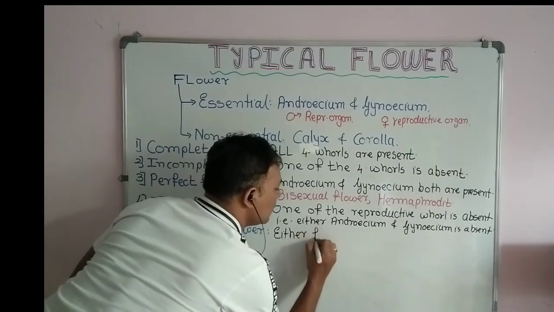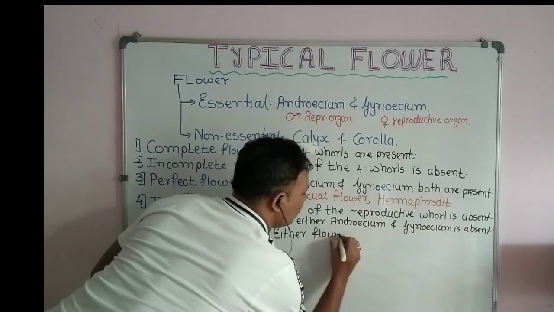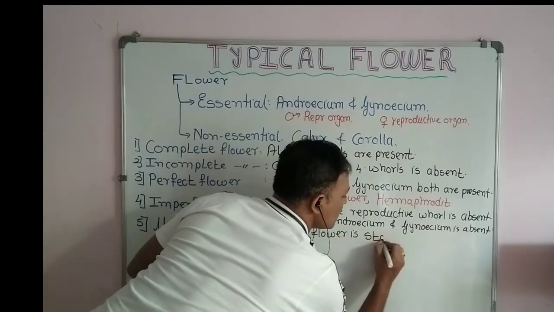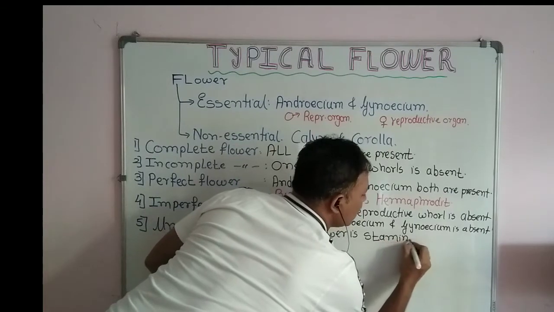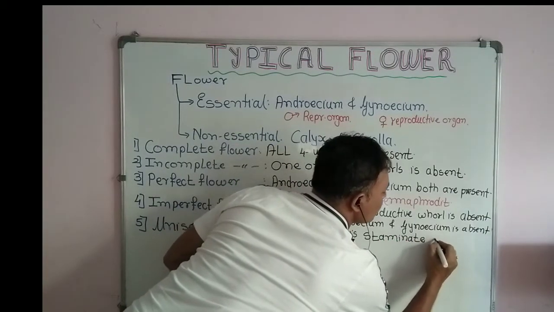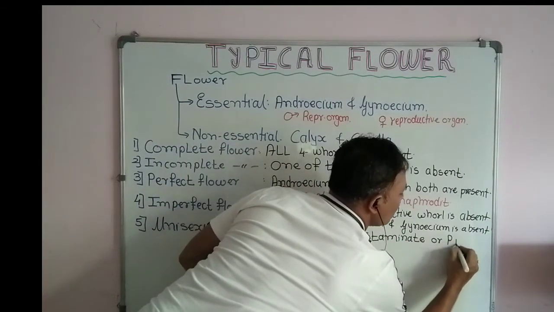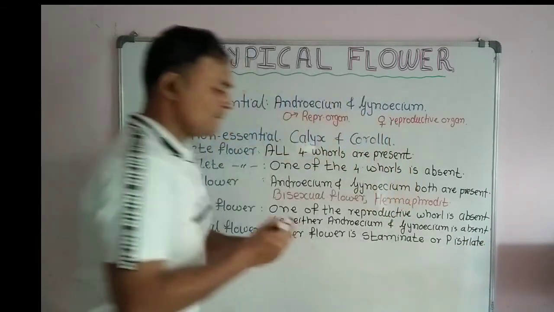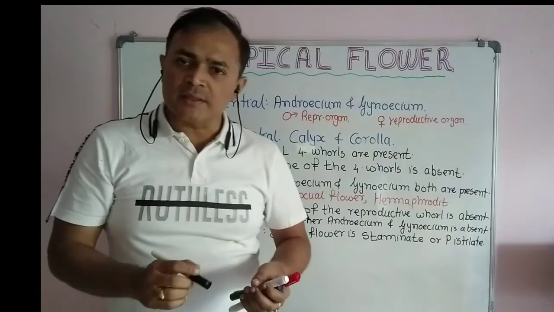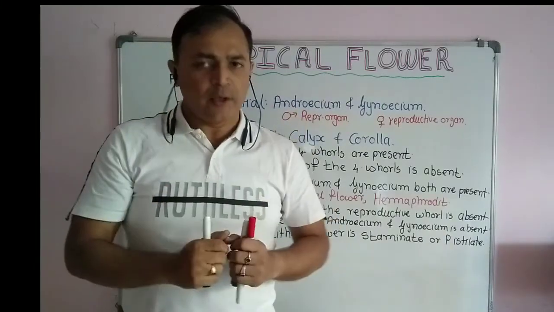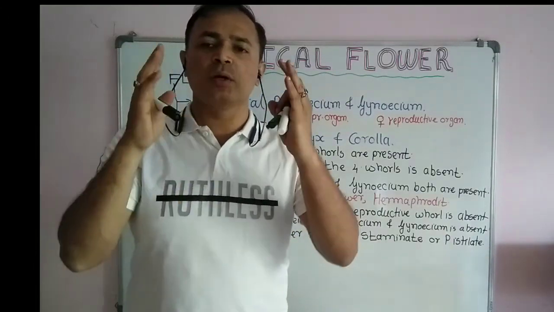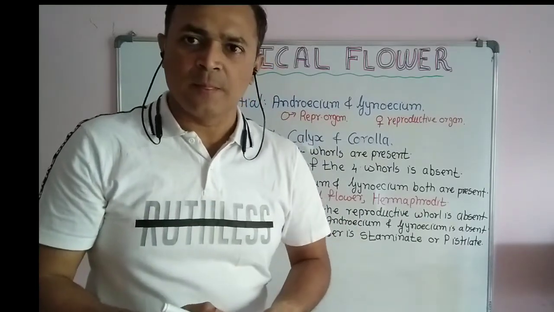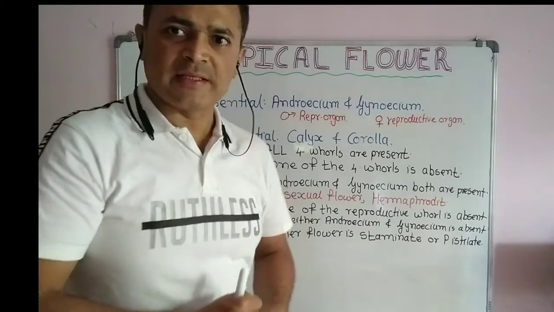Either the flower is staminate or pistillate. So staminate means androecium is present, the flower has only the male sex organ. Pistillate means the flower has the female sex organ.